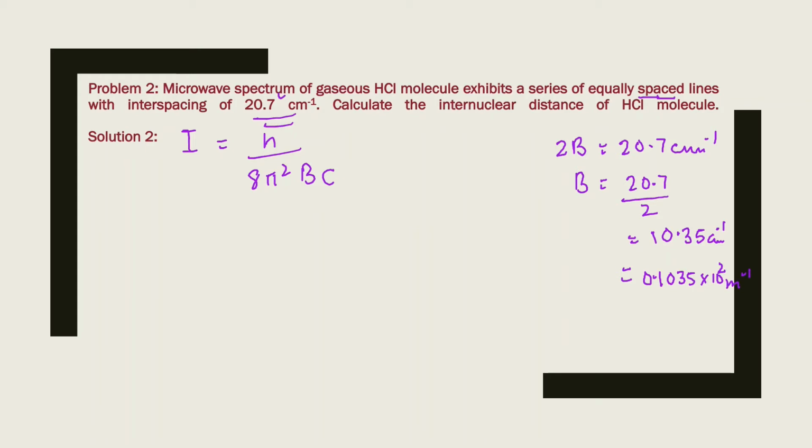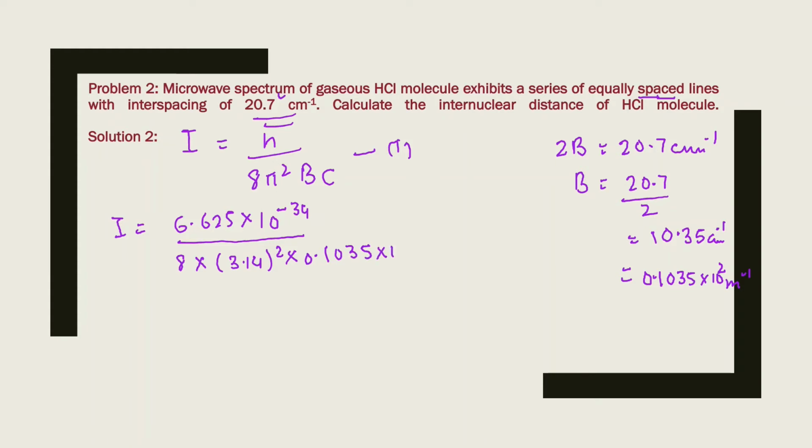Now let's come back to our original expression, that is expression number 1, and now we simply substitute the values. So I is equal to h, that means 6.625 times 10 raised to the power of minus 34, divided by 8 times pi square, that means 3.14 square, times the value of b, that is 0.1035 times 10 raised to the power of plus 2.